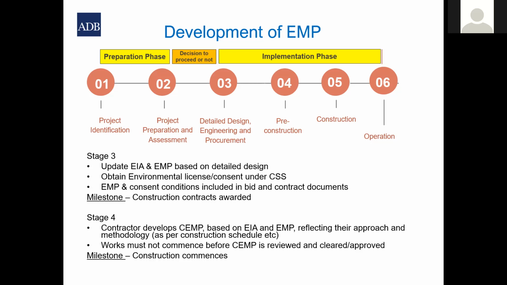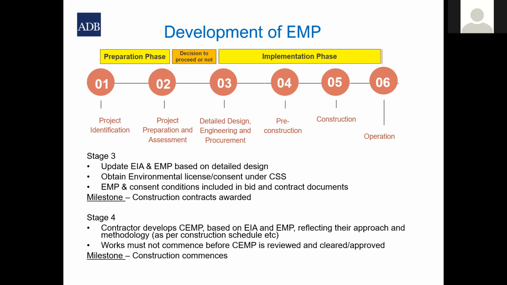And during the detailed design stage, that's where you obtain your various environmental licenses or consents or permits from your CSS, which is the country safeguard system. In other words, your regulator, your Department of Environment, all of those country licenses and consents or approvals that are required.